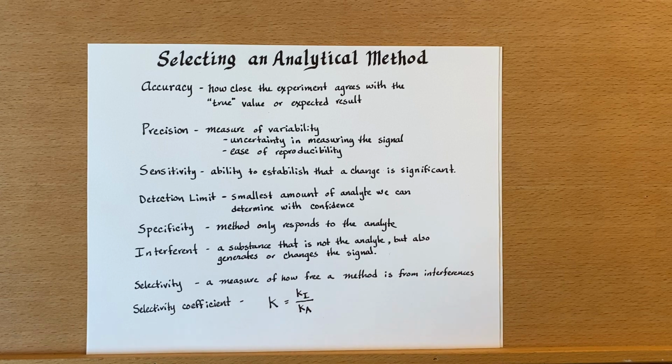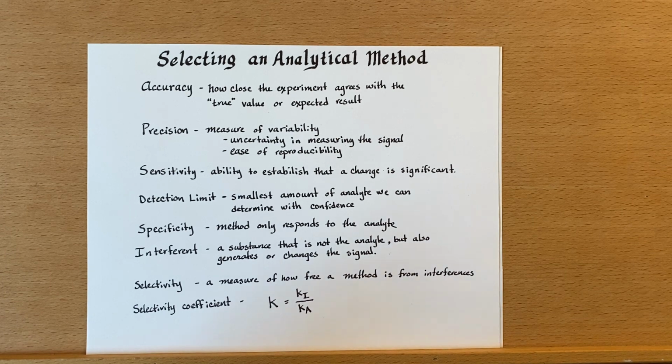One of the things that you may have done before is to take a copper solution and add ammonia to it, and it will take a very light blue solution and turn it into a very dark blue solution. The whole goal of that is to increase the sensitivity of the method, and that makes it a lot easier to detect small changes in copper concentration. Whereas if we didn't do that, the method would not be very sensitive.